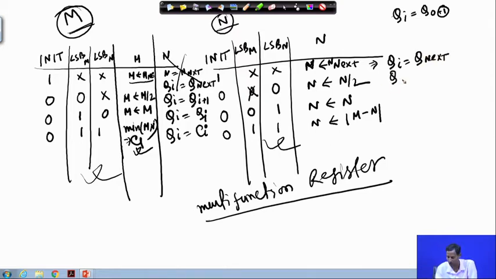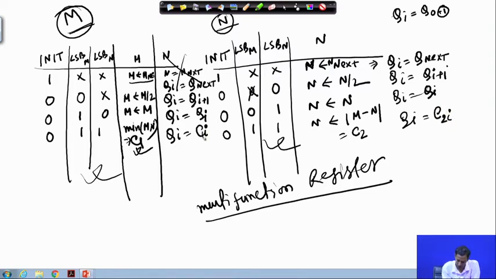So, this is q I equals to q I plus 1, sorry, this is I. So, q I equals to q I here, if I consider this as C2, at that time q I will be C2 I. So, this is C1 I, this is C2 I.